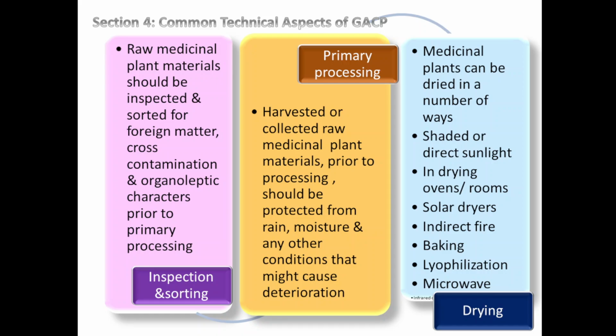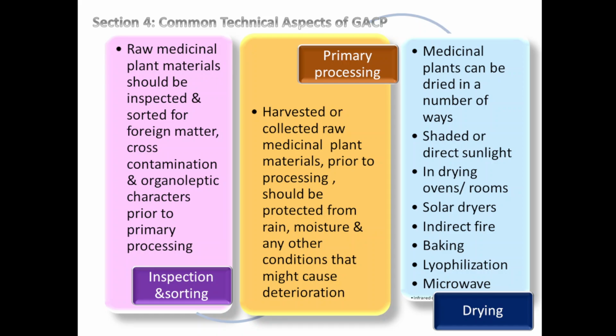In both these methods, the raw material should be spread over a large surface area and it should be turned or tossed continuously for uniform drying, and after that it is collected.